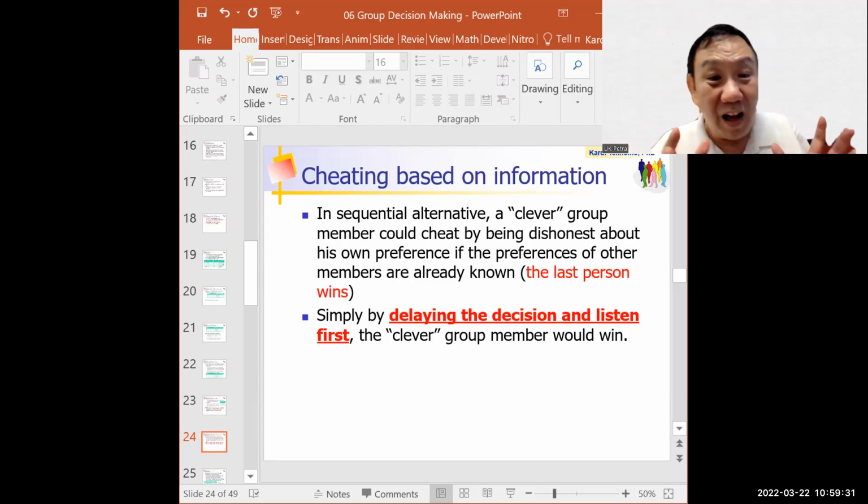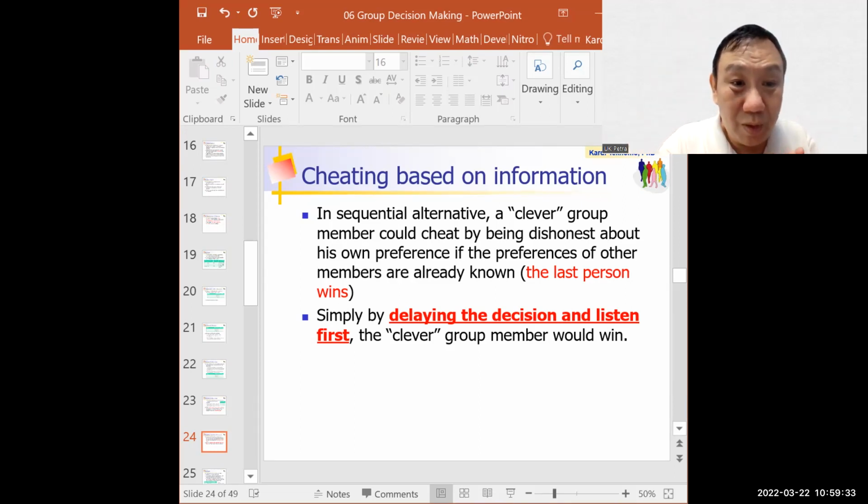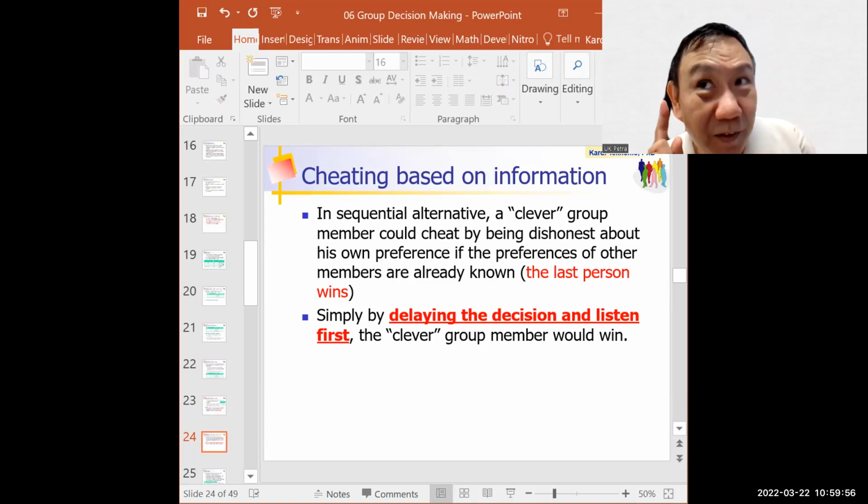A clever member of the group would cheat by being dishonest about his own preference, if the preference of others is already known. In this case, the last person wins. How to do that? Simply by delaying the decision and listening first. The clever group member will win.